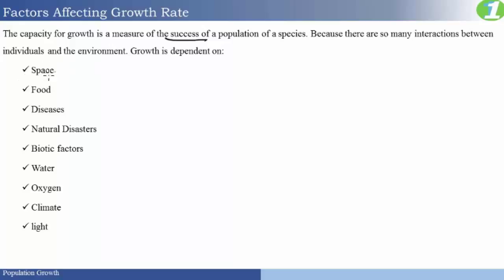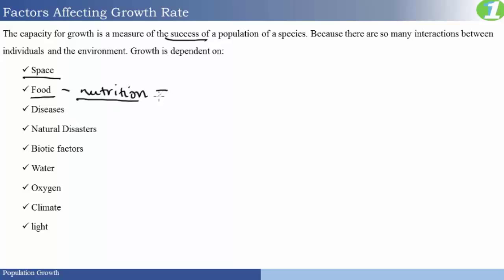Some of these factors include space. So space might become limiting, and there are too many individuals in the population, and so they cannot grow. It cannot sustain so many persons, and so some individuals will die. Food, right? All of us need to eat. We need to consume food in some way or another. And remember, nutrition is a characteristic of life.